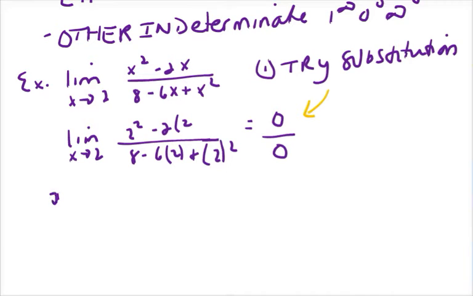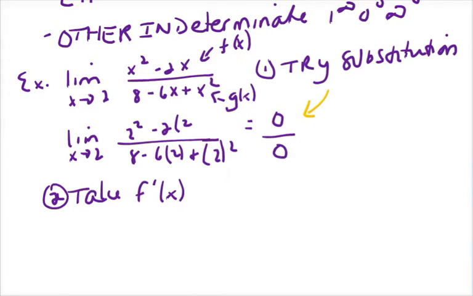So we're going to take the derivative. We're going to call this f of x, and we'll call this g of x. You're going to take the derivatives of f of x and g of x. Then you can divide them and take the new limit.